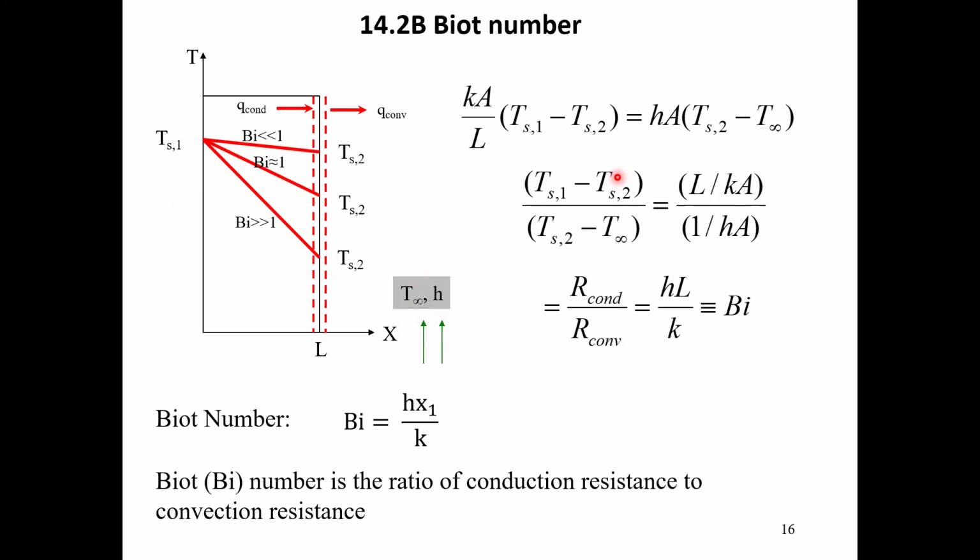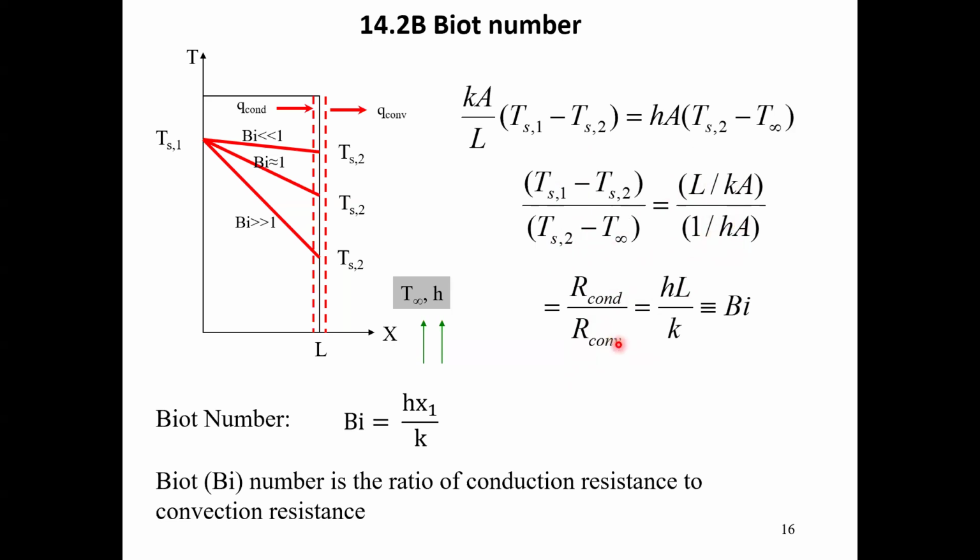You rearrange this such that you have both deltas on one side, and what you end up having is resistance due to conduction divided by resistance due to convection on the other side.